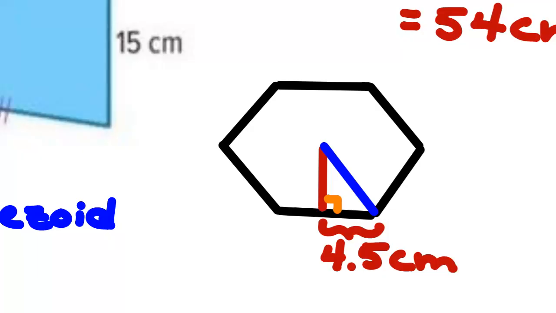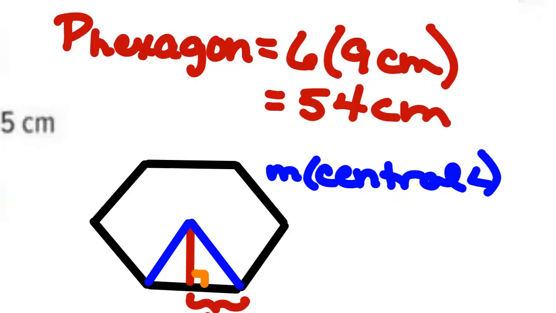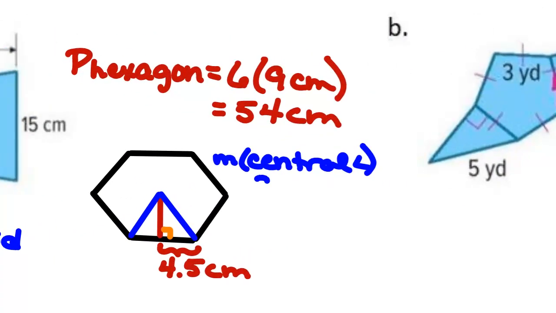The central angle would be this angle right here. The angle that I want is half of that. So we do the measurement for the central angle, which is 360 divided by the number of sides. What is 360 divided by 6? 60.